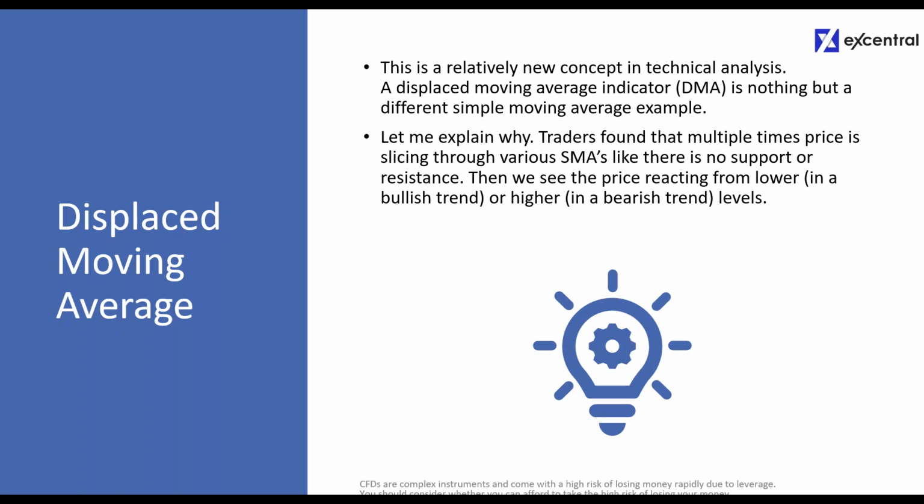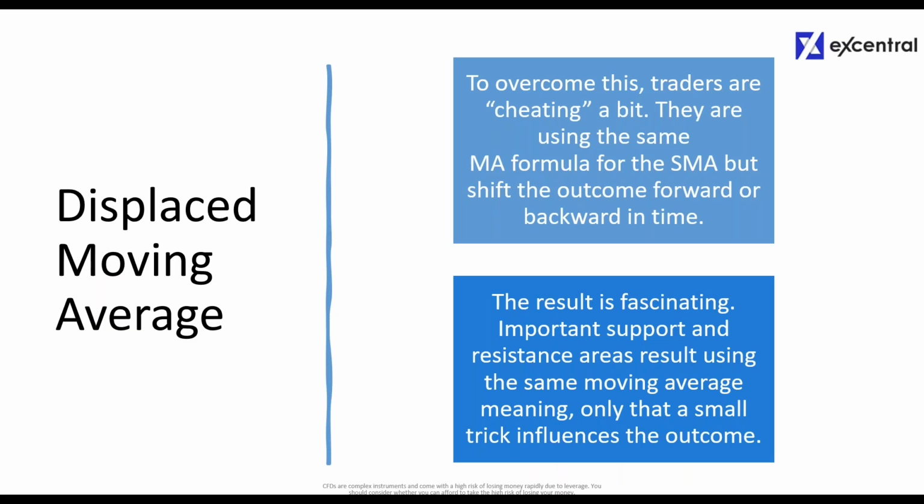What it does is shift the calculation. It doesn't change the calculation. It shifts the dot on the chart. And I love DMAs. What a DMA actually allows us to do is cheat a little bit. It's the same formula as a moving average or SMA, but we shift the dot forward on the chart.